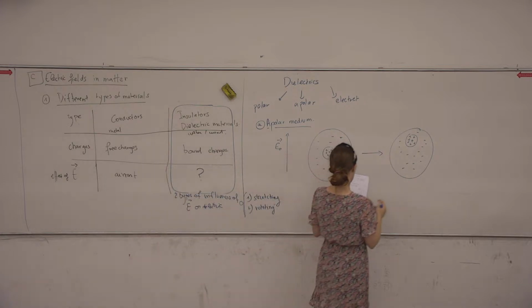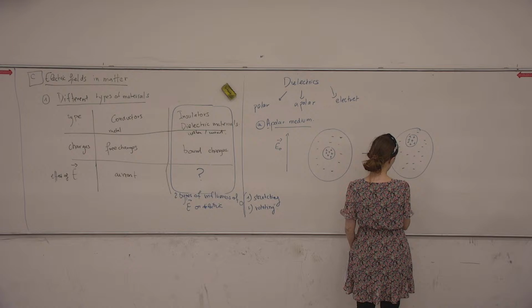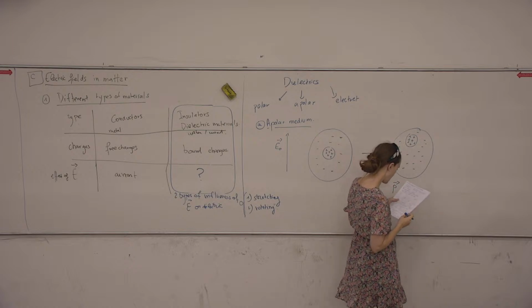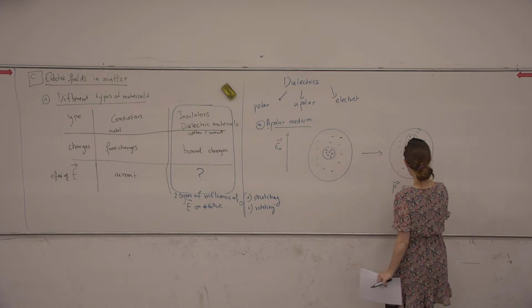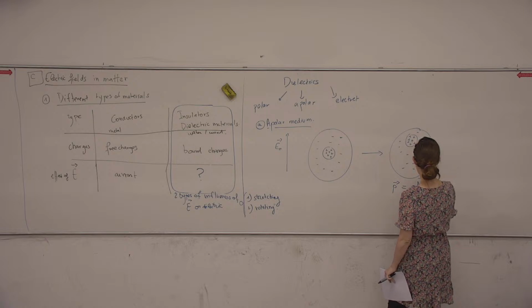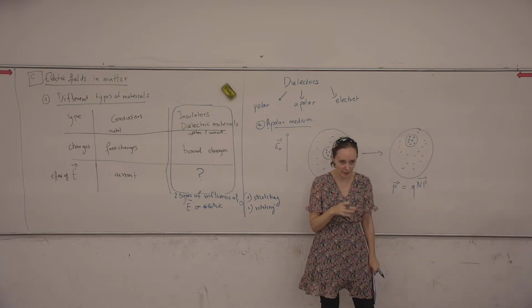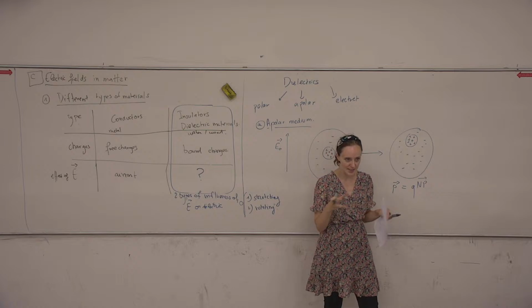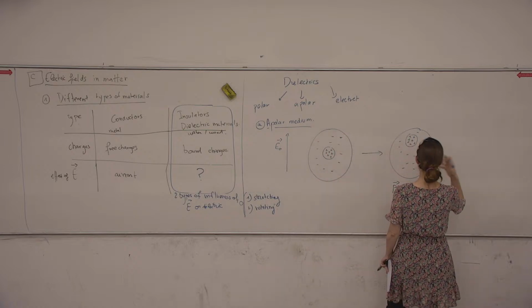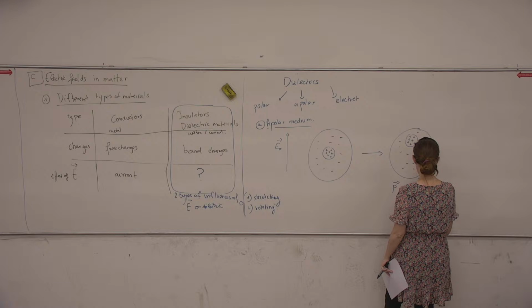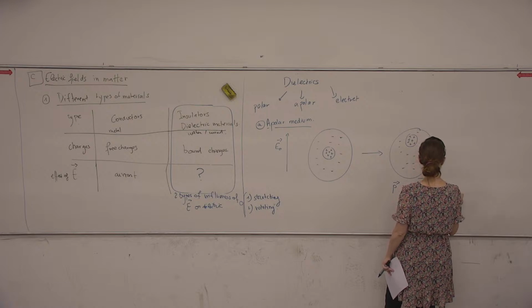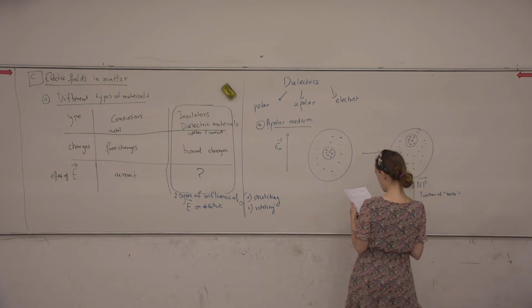So I will have a dipole moment, which I can write as q times the vector between the barycenters of the minuses and the pluses, the centers of mass of the pluses and the minuses.